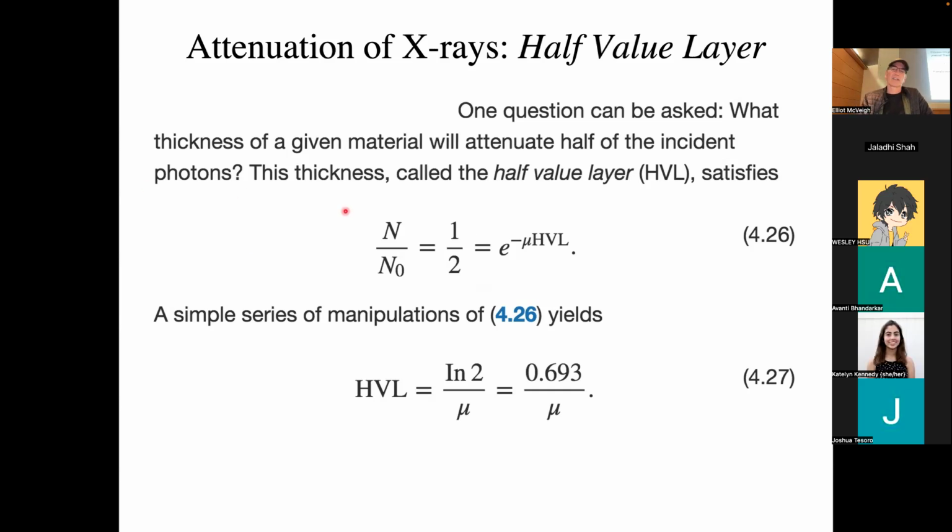The half value layer, very simple concept, right? It's what is the delta X value I have to put here in order to have half of my photons being absorbed, okay? And so the half value layer is 0.693 divided by mu, okay? It's easier to remember.